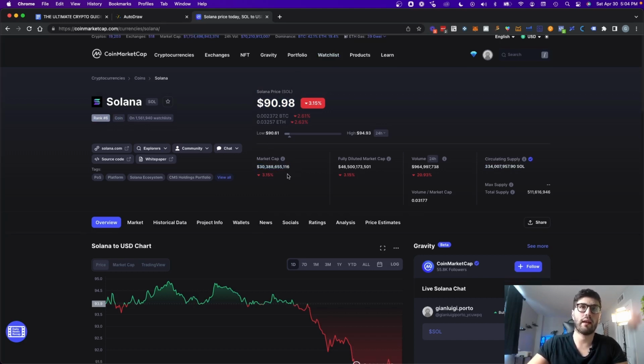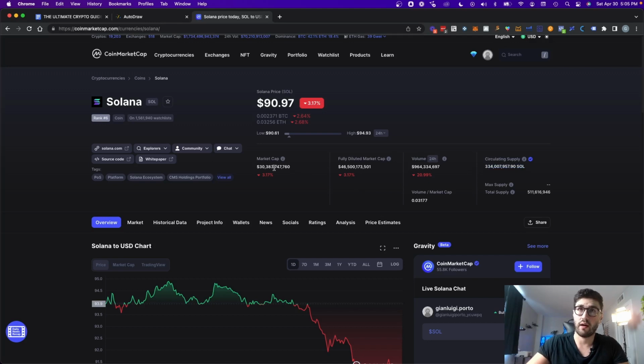And the reason why you have to understand this and you have to grasp it, because in order for Solana to reach $180, okay, this number right here will have to double. Another $30 billion will need to flow into Solana in order for this to actually double, okay? Because this is math. Like math doesn't lie, okay?